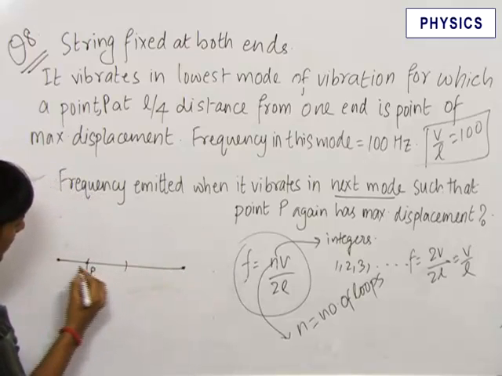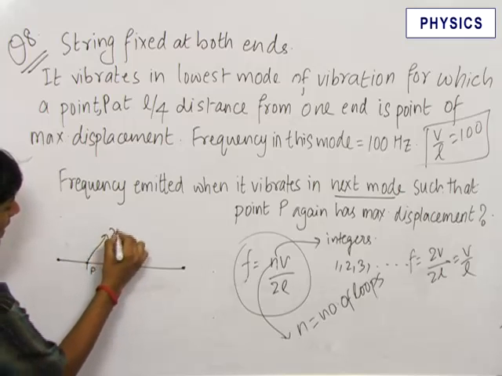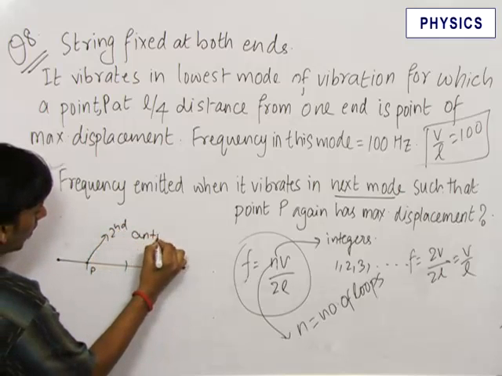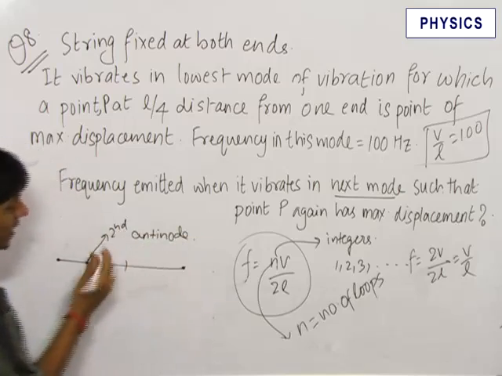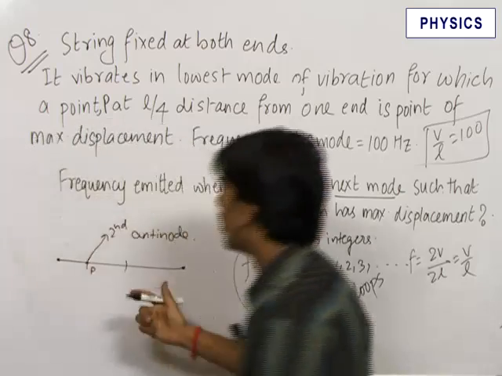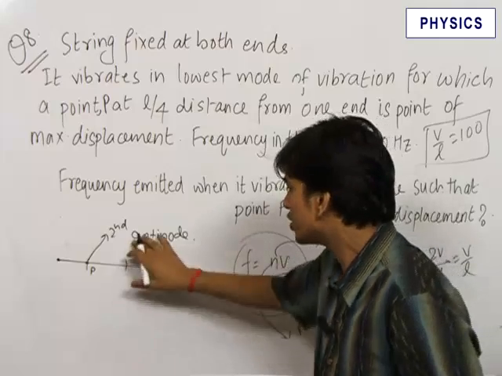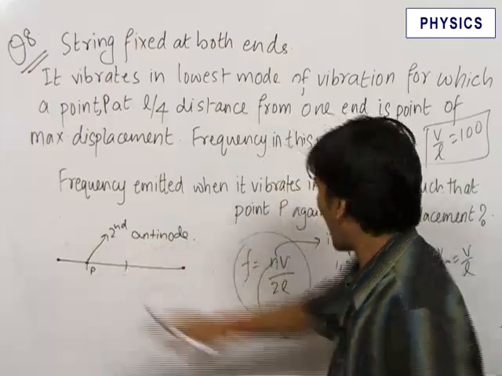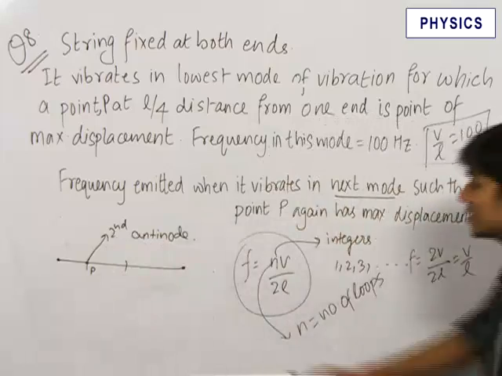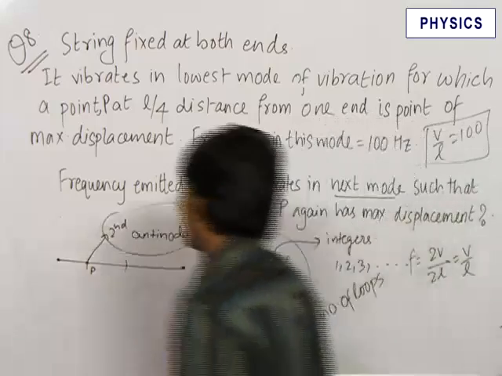This was our point P. Now this will become the second antinode, because if it becomes the third antinode, the system will have more loops than the case in which this was the second antinode, and we want just the next mode. Therefore it has to be the second antinode.